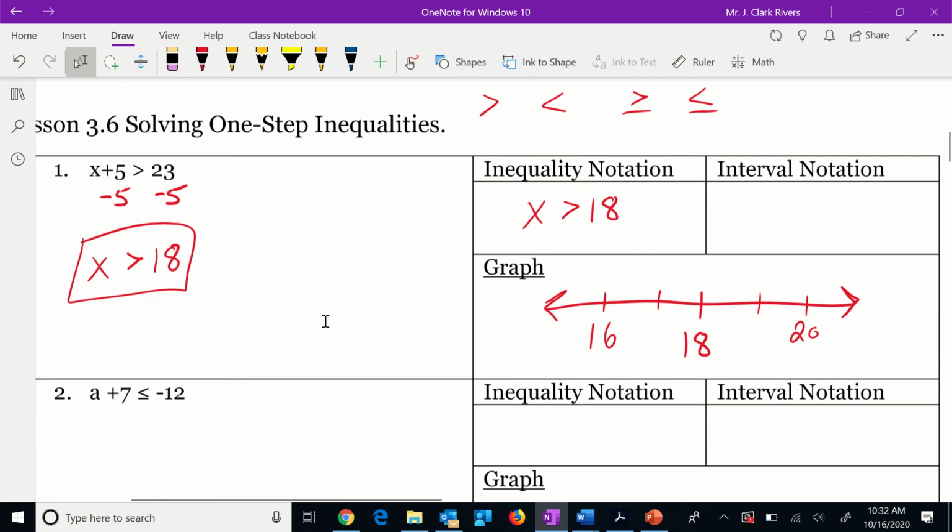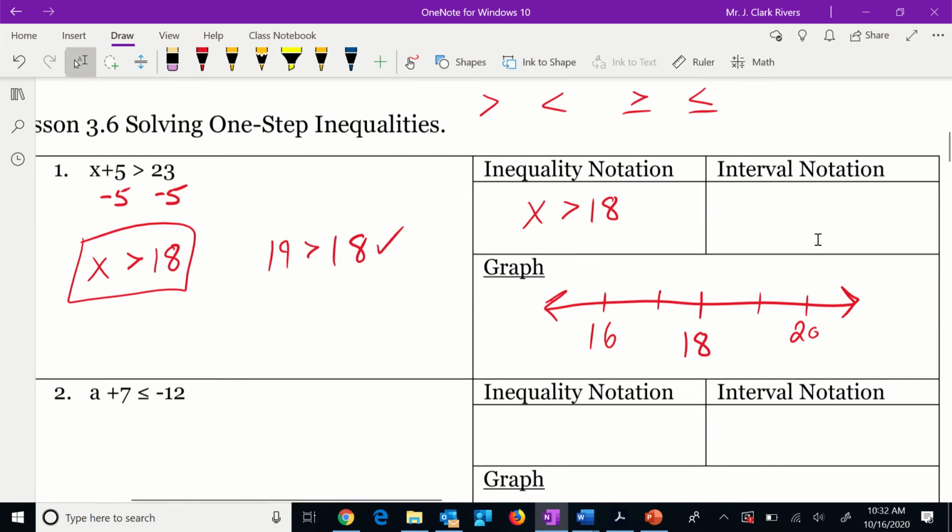All right, notice, if x is less than 22, can 22 make this inequality true? In other words, is 22 less than 22? Is that true? No, that is not true. So 22 is not included in the solution set. What about a number just below it? Is it less than 22? Yes, it is.